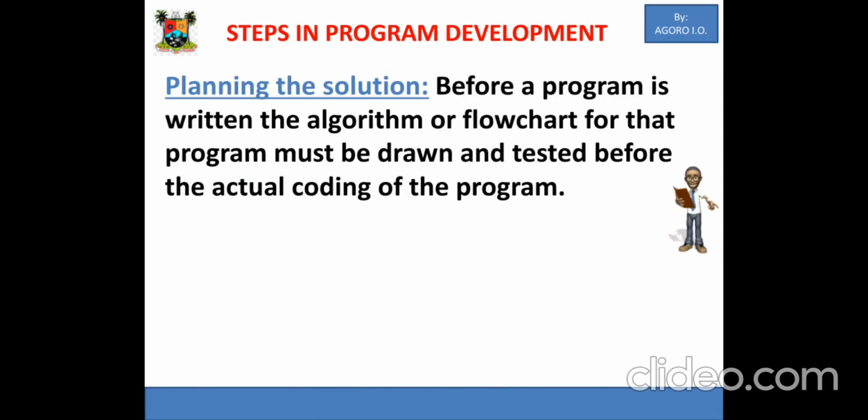Now let us look at planning the solution. Before a program is written, the algorithm or flow chart for that program must be drawn and tested before the actual coding of the program.